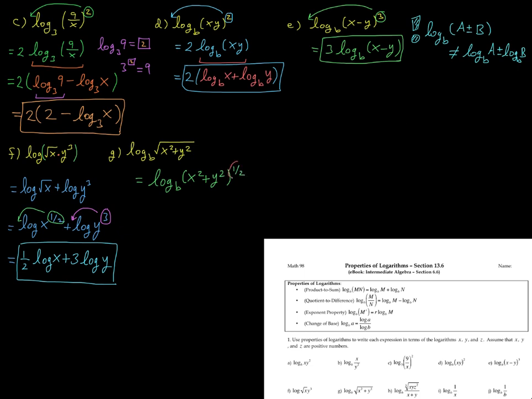And now this 1/2 power can come out in front. And so that's going to give us 1/2 log base b of x squared plus y squared.